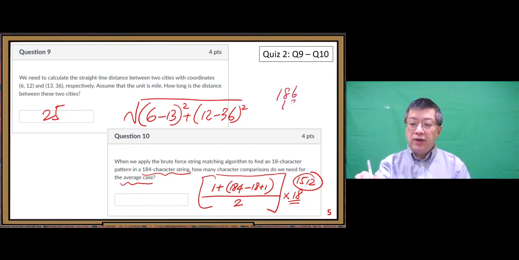1A6 minus 18, 8, 6, 1, right? 18 over 2, 9, 8, 2, 7, right? 4, right? 1, 5, right?